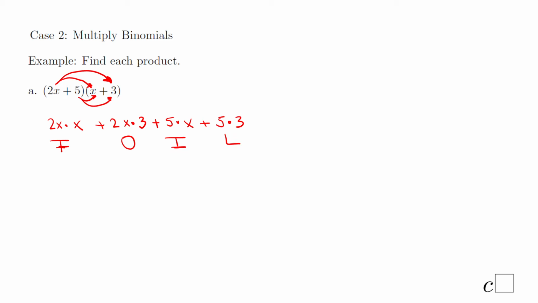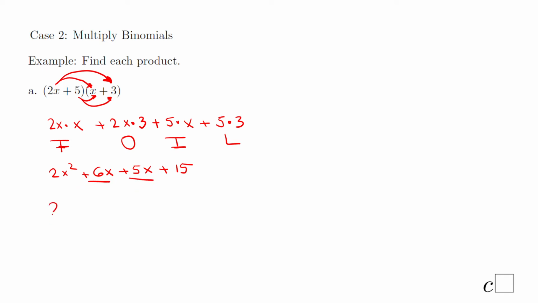First, outer, inner, last. Now, to simplify this expression, we have 2x times x, 2x squared, 2x times 3, that is 6x, 5 times x, that is 5x, and 5 times 3 is 15. One more step is combining like terms, and we have these two terms.